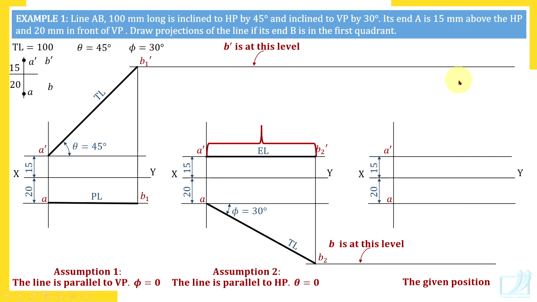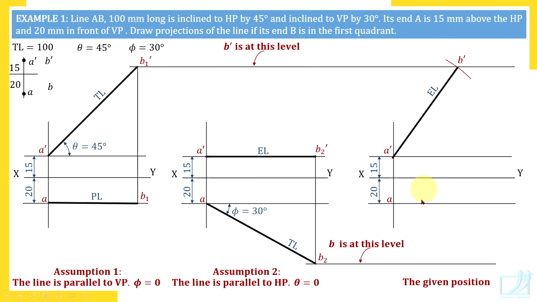So cut this line. So this is how we have found out front view of the line. What is length of this line? EL. Label this point immediately as B dash. So this is how we have drawn A dash B dash.